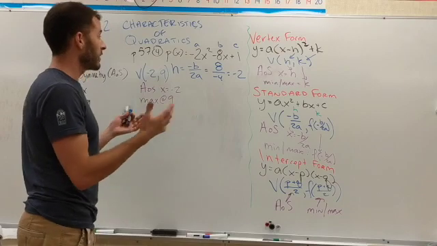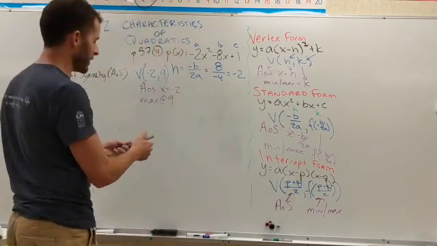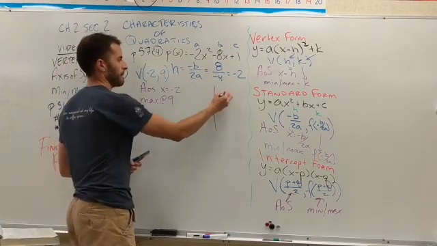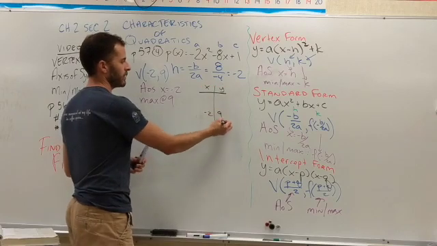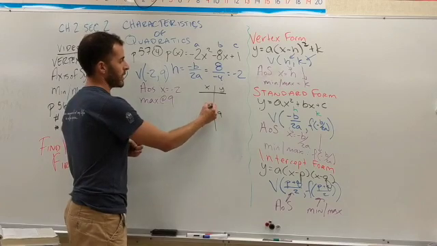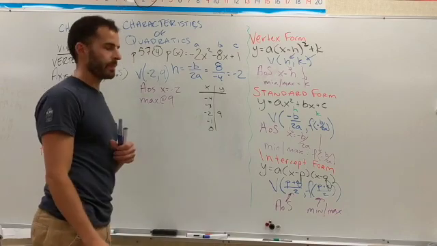I need a t-chart. But again, even though I did all of this, I still know exactly what the middle of my t-chart is going to be. So I'm going to use black. x, y. Middle of my t-chart, negative 2, 9. Boom. Let's pick 2 numbers that are smaller and 2 numbers that are bigger.